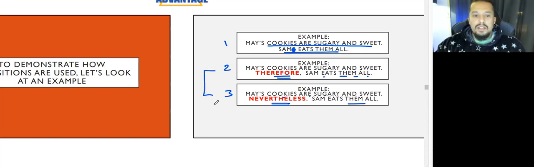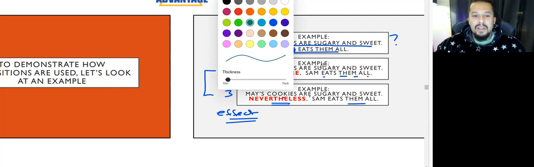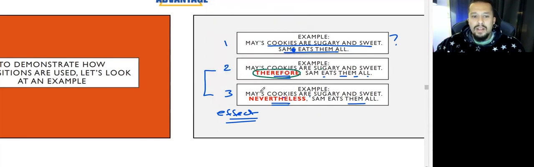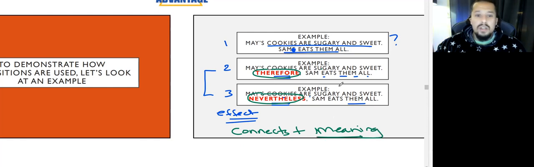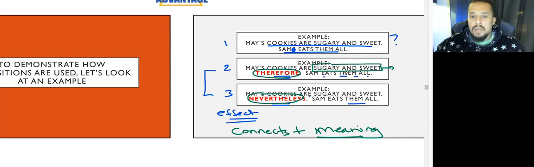I want you to realize the effect of the transitions here. If you look at example number 1, there's no transition, so don't really focus on it. But if you look at example number 2, therefore and nevertheless, I want you to notice that the transition not only connects ideas, but it also gives the ideas meaning. Because the cookies are sugary and sweet, Sam eats them all. We can understand Sam likes sugary and sweet cookies.